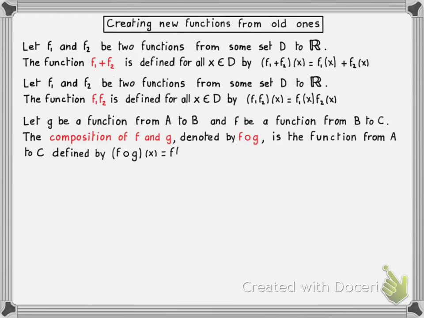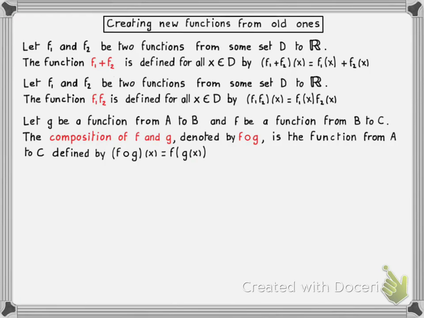And the way this function f compose G is defined is as follows. When you apply it to x, what you need to do is compute f of G of x. In other words, the order matters here. When you compose f with G, the first thing you need to do is apply G to x, and whatever result you get, you apply f to that.